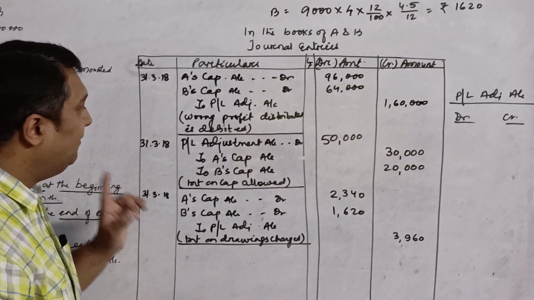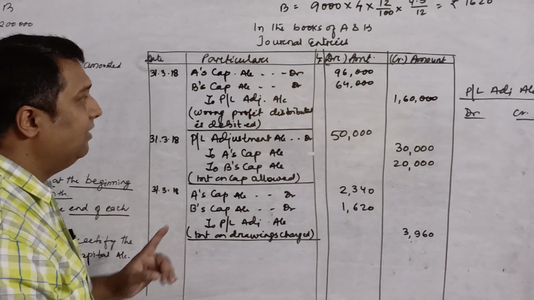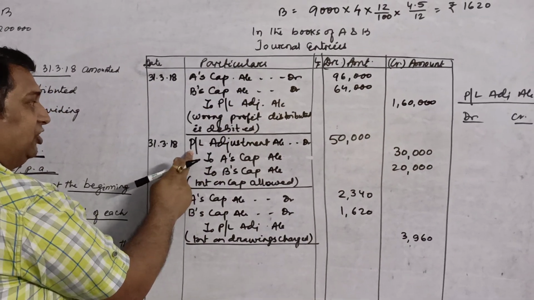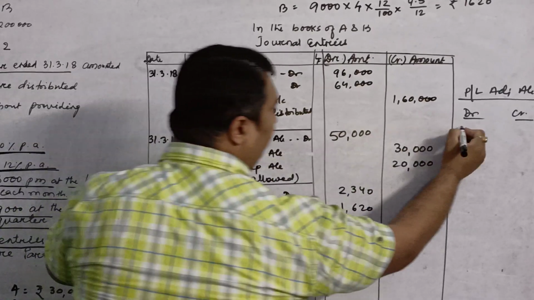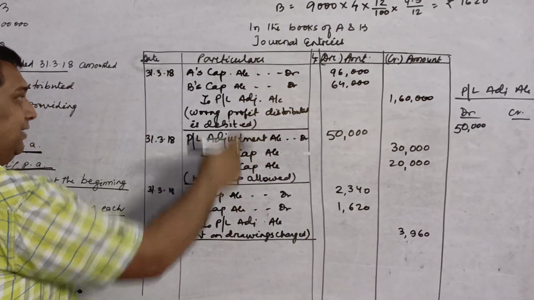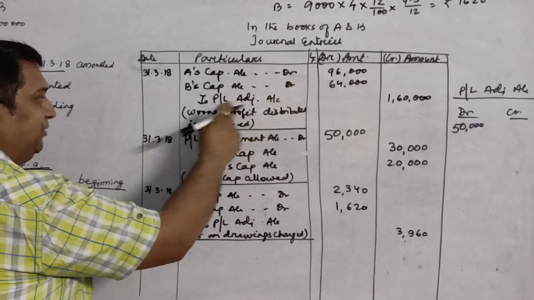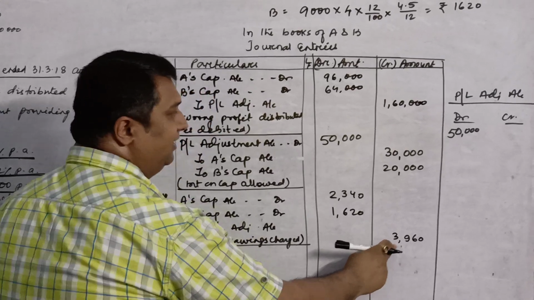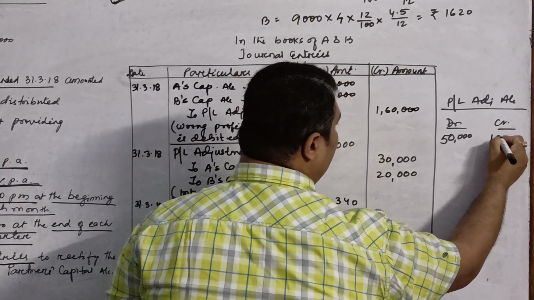We will see wherever PL adjustment comes on the debit side, we will write over here. If you see in this question, PL adjustment is on the debit, 50,000. So only 50,000 is here. Whereas in the rest of these two journal entries, PL adjustment is on credit. So 1,60,000 and 3,960.